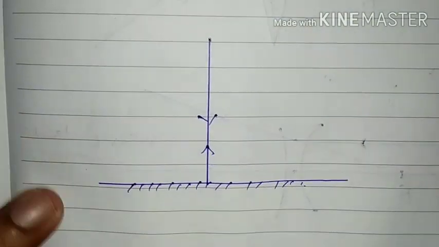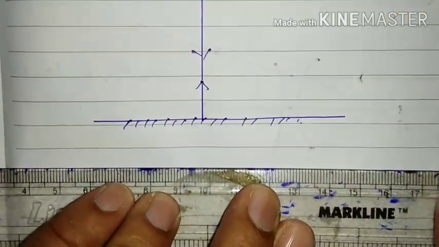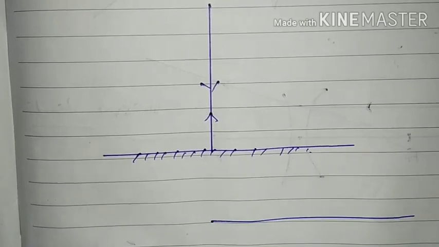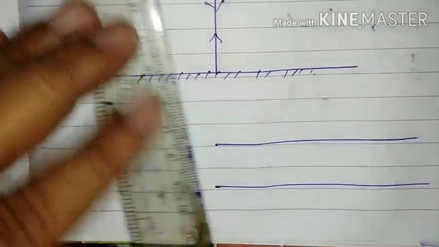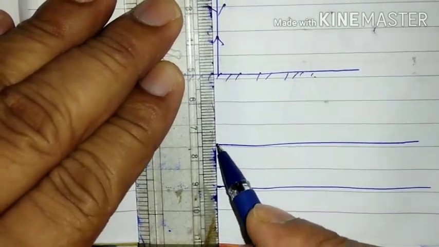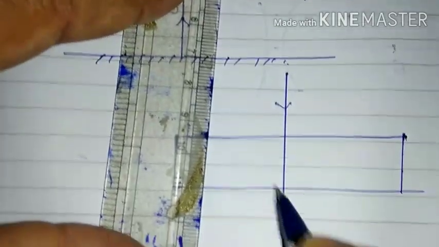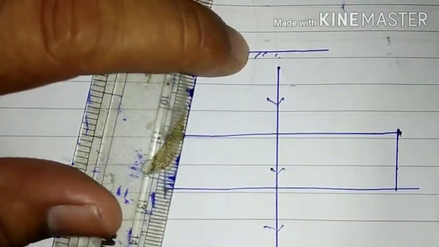And for refraction, suppose we have a glass slab, and a beam of light is incident here normally. Then what happens? We see that there is no change in the path of light.